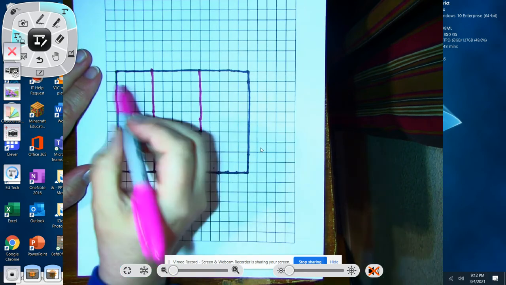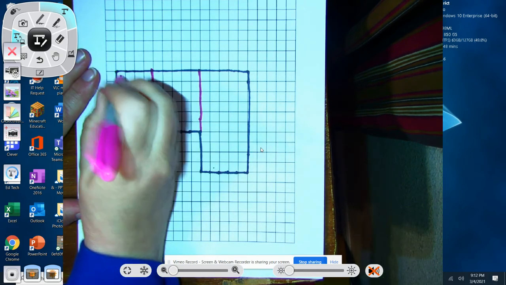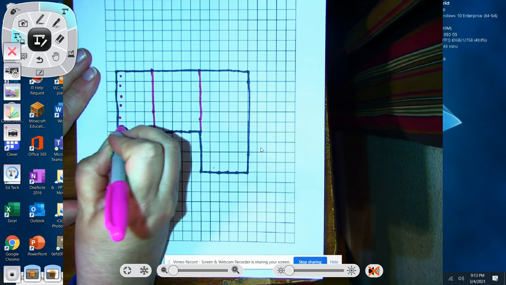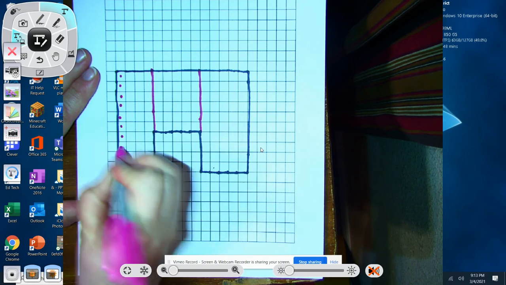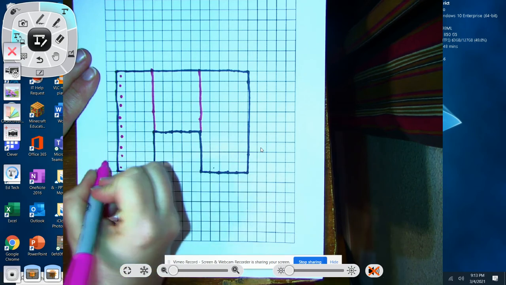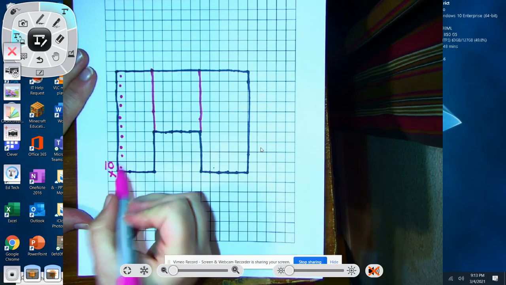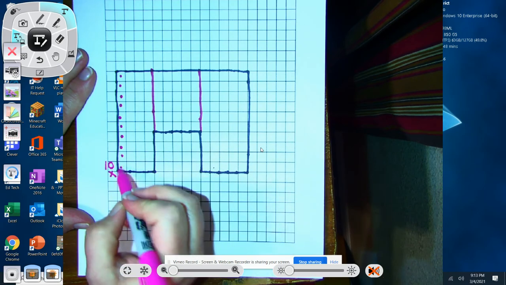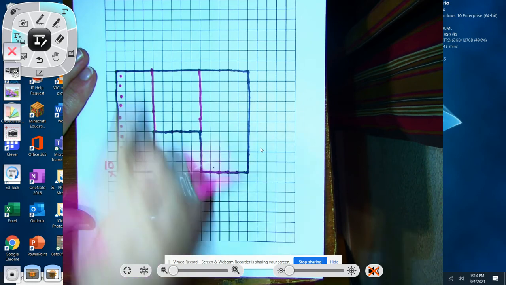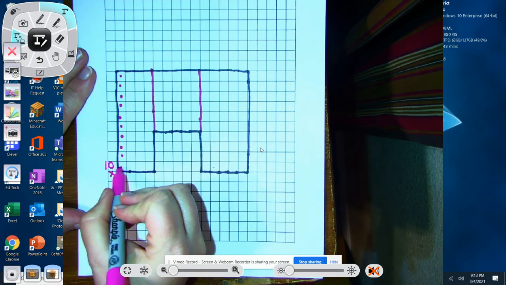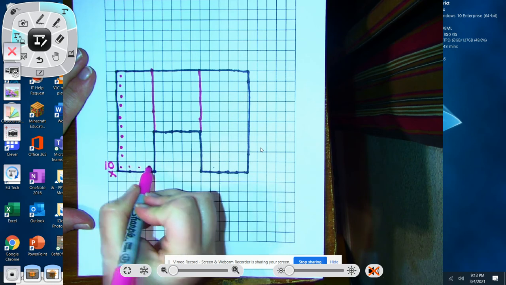So watch me now. I'm going to count. 1, 2, 3, 4, 5, 6, 7, 8, 9, 10. Oh, I love when I multiply things by 10 because 10s are not as hard as other numbers. And then see this one, this is the rectangle I'm doing right here. And then I go 1, 2, 3, 4.